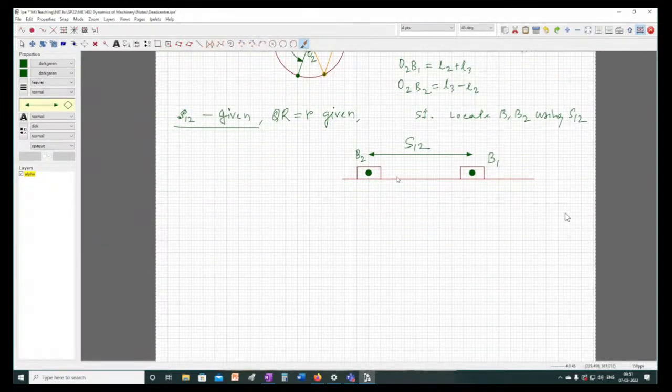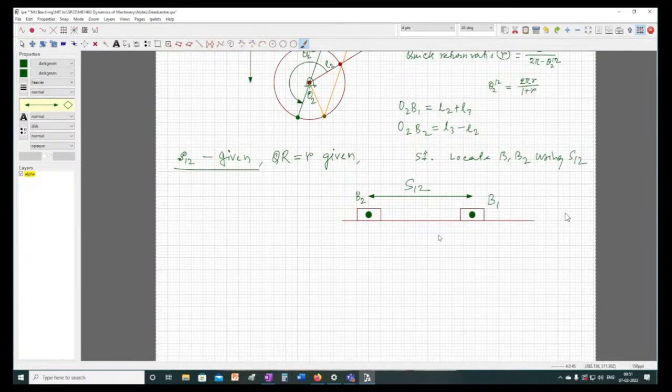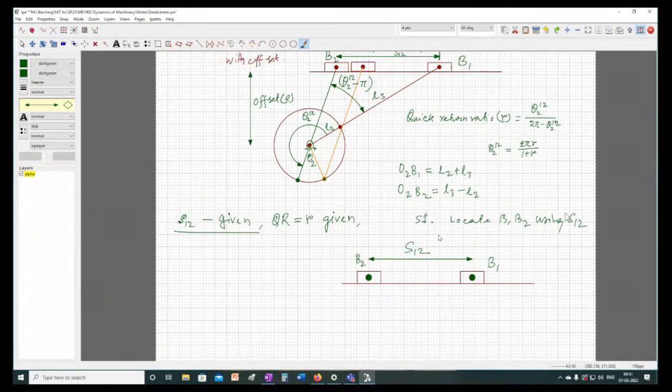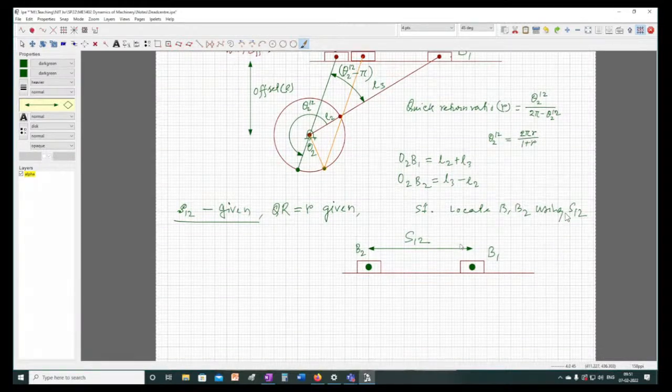Suppose we have these 2 points. Follow the step that I am doing. We use the same angle, this theta 2 1 minus pi.